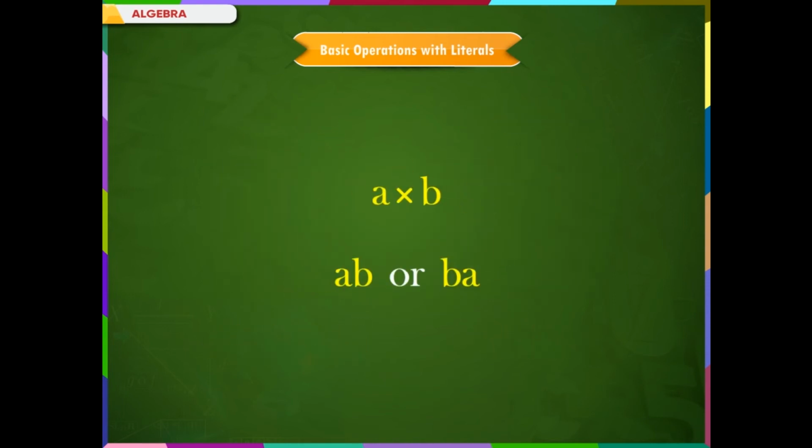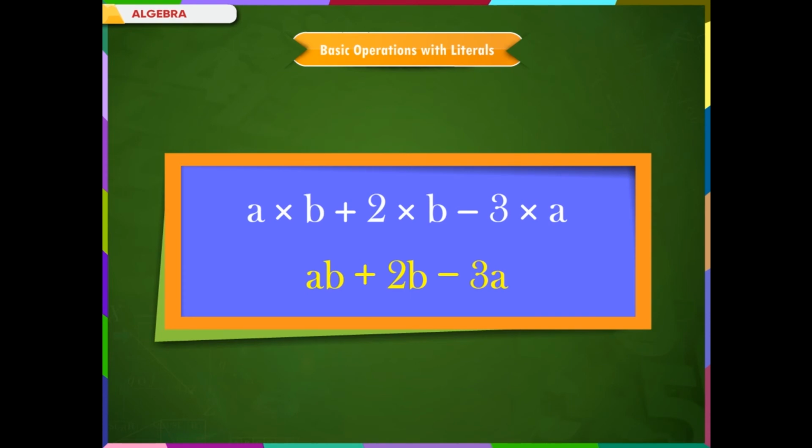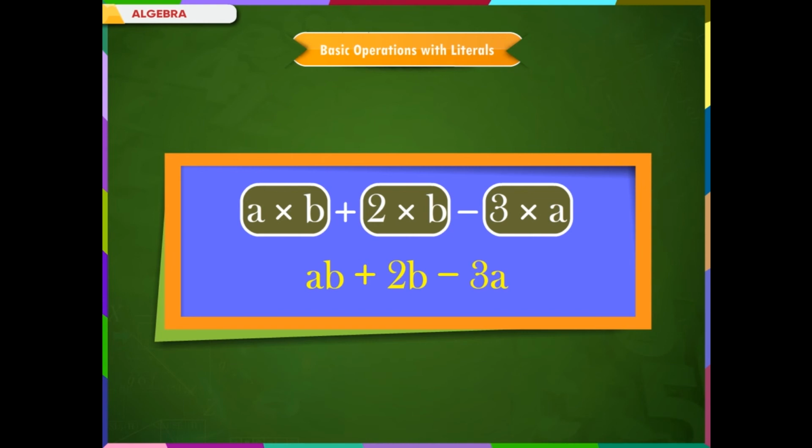In algebra, if there is no sign in between two variables, this means these variables are multiplied. This means a into b can also be written as ab or ba. Sometimes this helps make a complicated algebraic statement look easier. For example, a into b plus 2 into b minus 3 into a can be written as ab plus 2b minus 3a. This looks simpler.